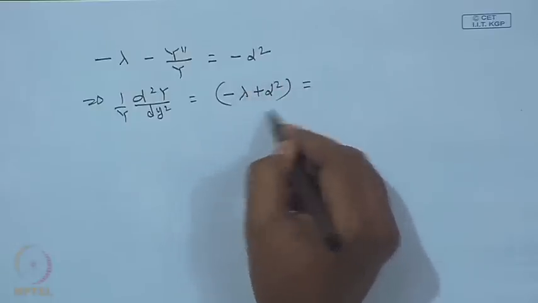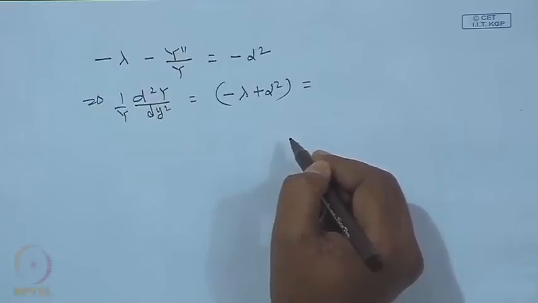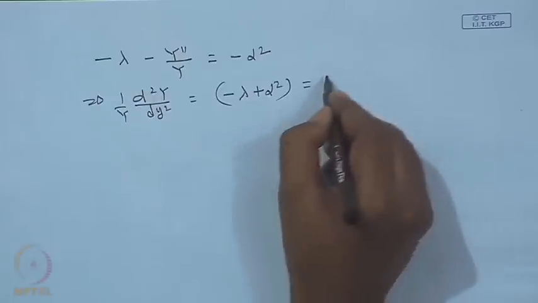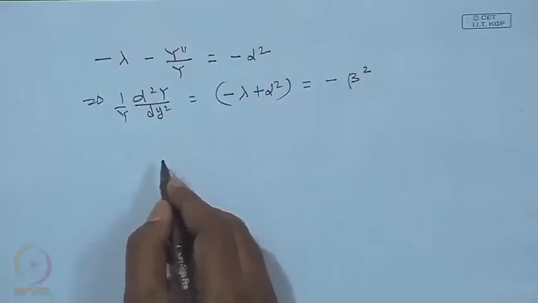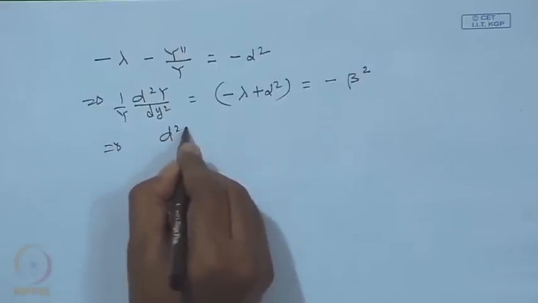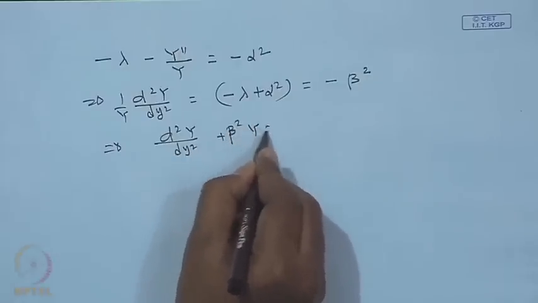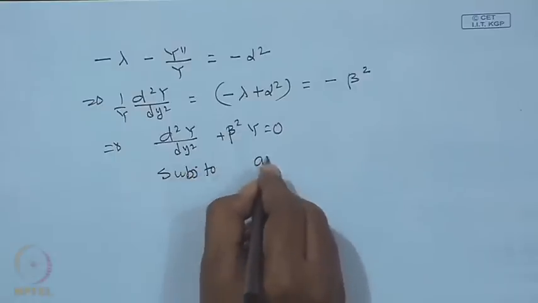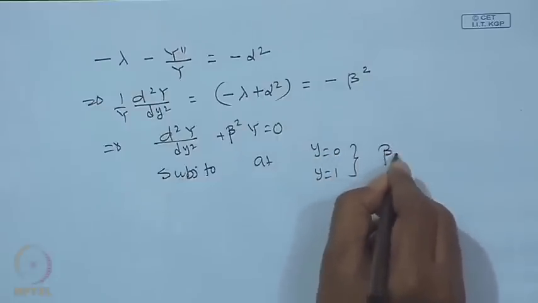Again this constant can be positive, negative, or 0. We have seen earlier that if this constant is 0 or positive, we will be getting a trivial solution. Therefore, this constant has to be a negative constant in order to have an eigenvalue problem. So, d square Y dy square plus beta square Y will be equal to 0, subject to Y equal to 0 at y is equal to 0 and at y is equal to 1.